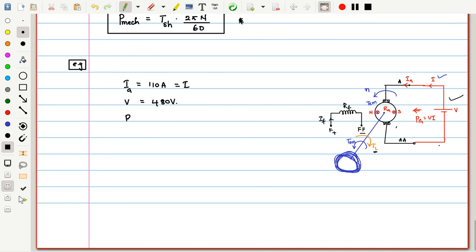Next is the armature resistance, Ra is equal to 0.8 ohms, and the machine has 6 poles, P is equal to 6, and it is lap connected.